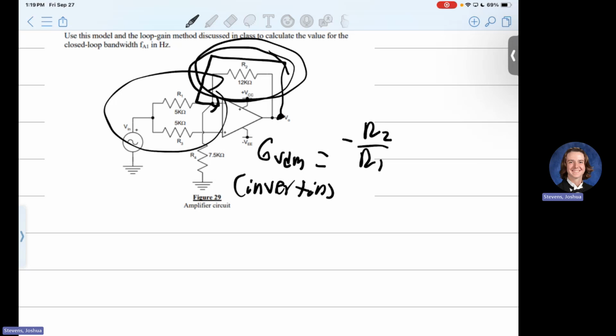So R2 is basically whatever's tied to the VO, and R1 is the other stuff on the other side. Would you agree with that? For every inverted one, the ideal gain, yes.